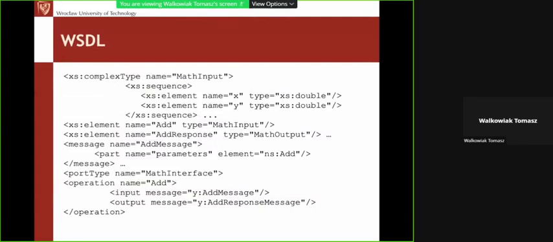This is an example of not the whole WSDL, just a part of a WSDL connected with the SOAP I was showing you previously. So the name, the types, functionalities, etc. It was extracted, as far as I remember, from a PHP-based web service.